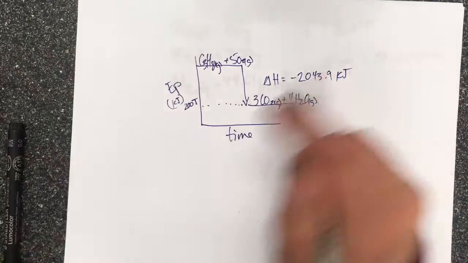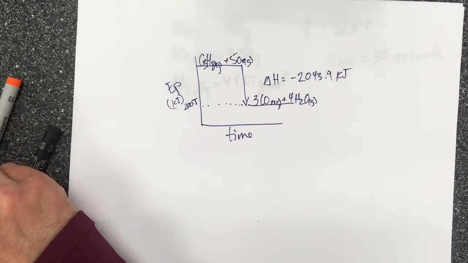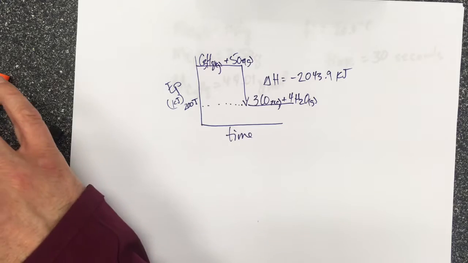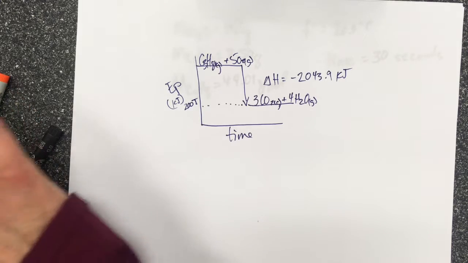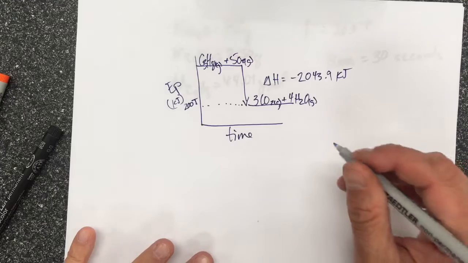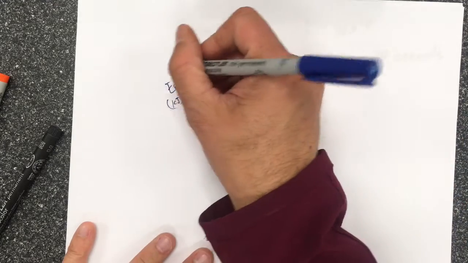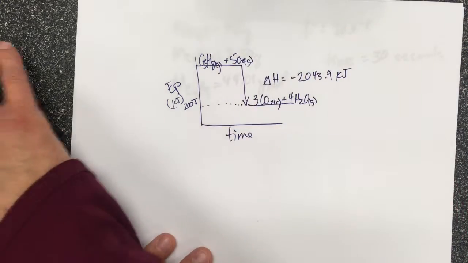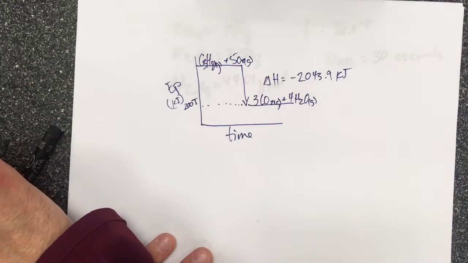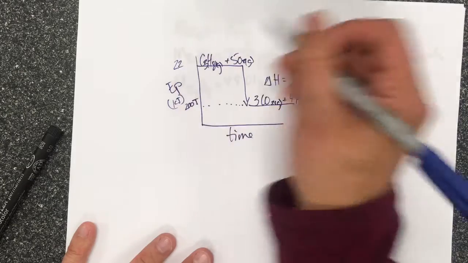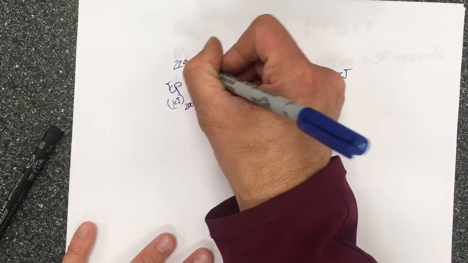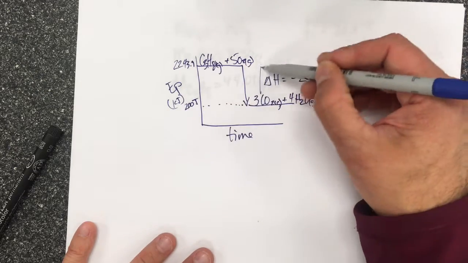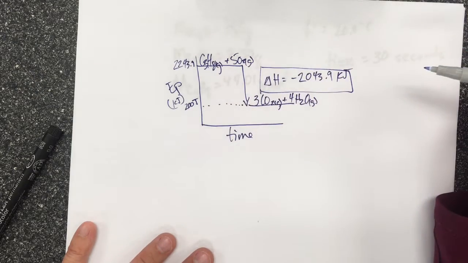So if you had negative 2043.9 and you want to be left with 200, this would be 2,243.9 kilojoules, and the difference is the negative enthalpy, right?